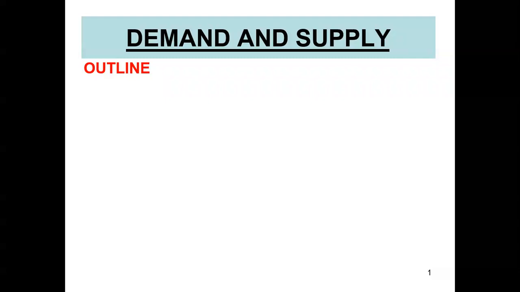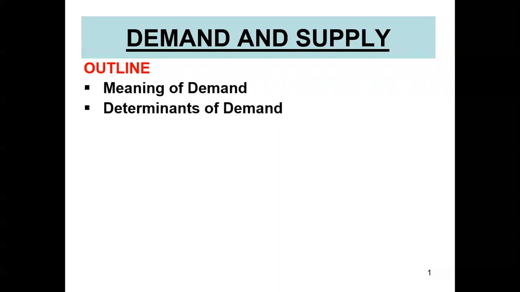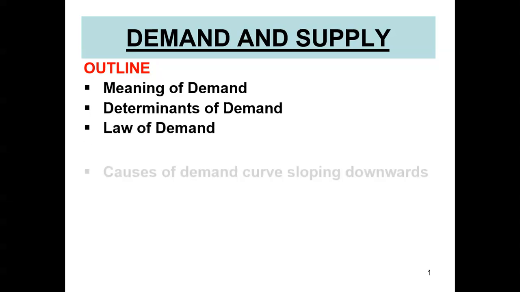Hello everyone. In this video, I am going to explain a perfect knowledge on demand and supply. So, in this video, what we are going to learn is, first, what is the meaning of demand? What are the determinants of demand? And what exactly is the law of demand?